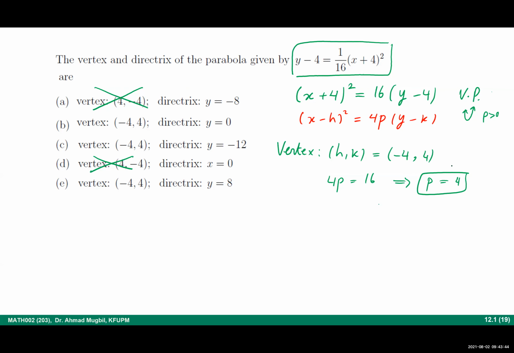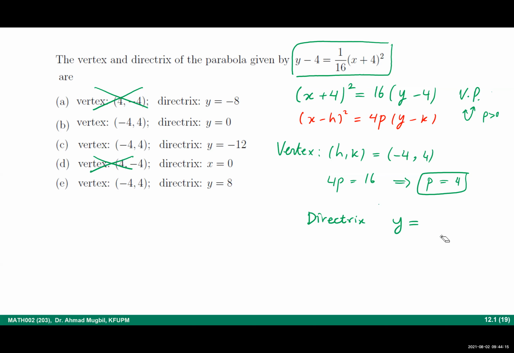Okay. Now, when you have a vertical parabola, Shabab, what is the equation of the directrix? Is it y equals or x equals? It is y equals, because the parabola is vertical, so the directrix will be a horizontal line. If there is an x in a choice, we will exclude it.